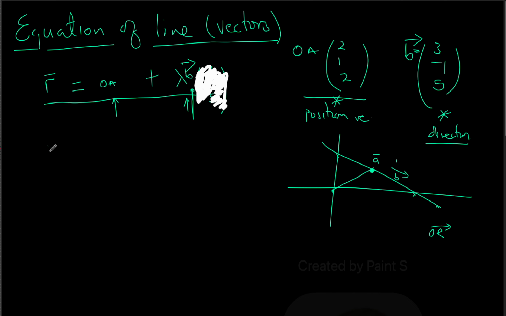So in this case, R is equal to OA, which we are already given as 2, 1, 2, added to lambda of B, which is 3, -1, 5.